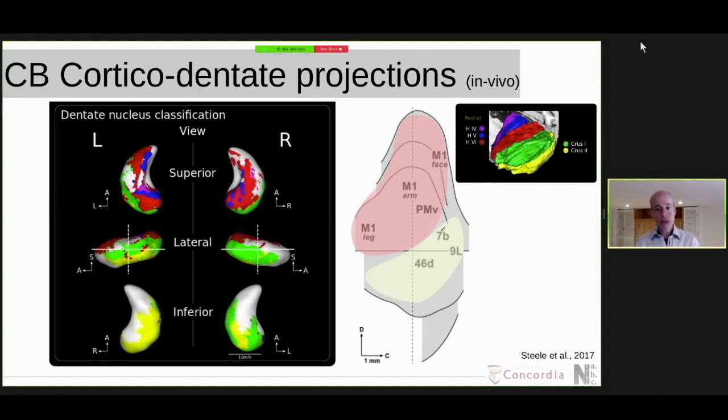Similarly, in the Strick work, we see these non-motor projections. So we're really happy with that. It's very similar to the non-human primate work, but also indicated that the non-motor projections took up more of the segmented surface of the dentate nucleus than in non-human primates. So possibly we have this shift between non-human primates and humans.